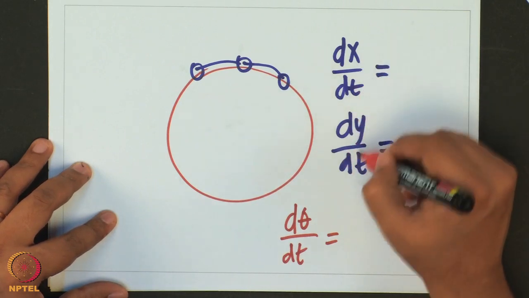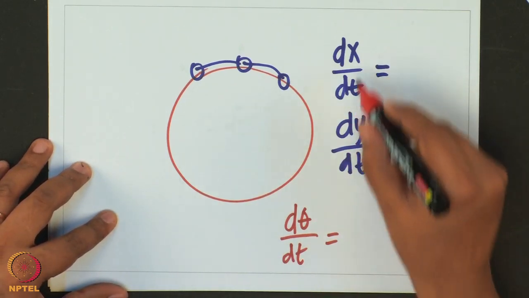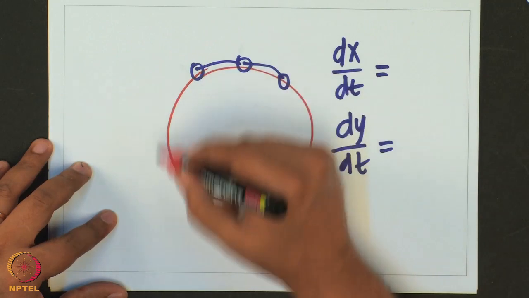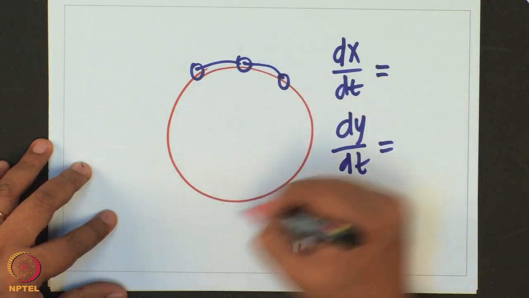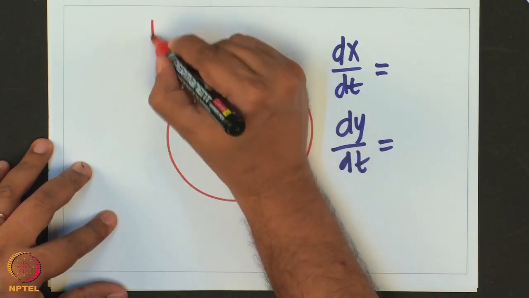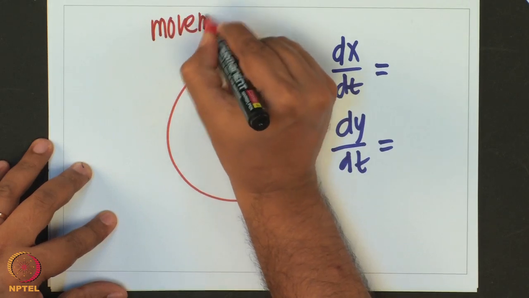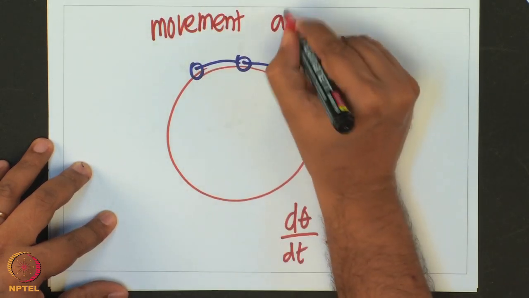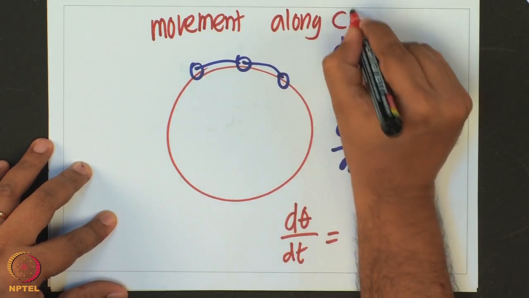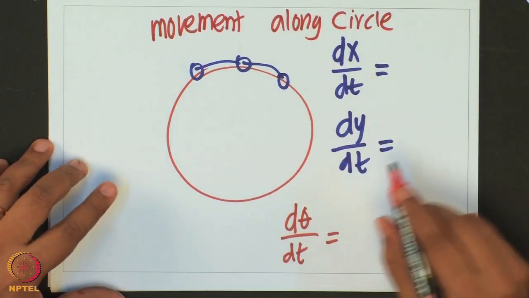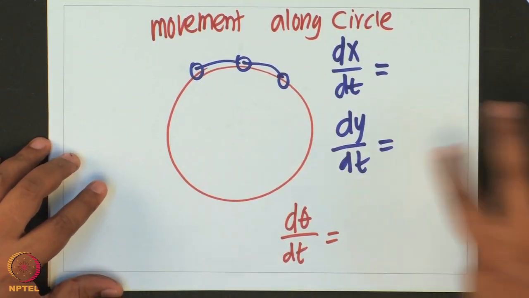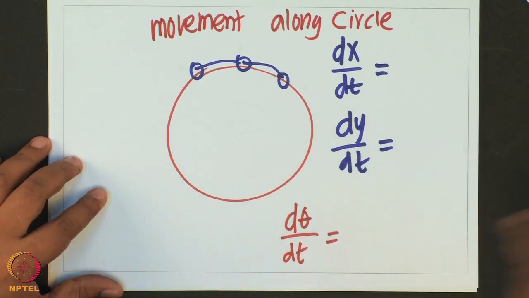While if I use xy coordinates, I need two numbers, two equations, to specify the movement along the circle. So for movement along the circle, it is much easier to use polar coordinates like theta, where r is a constant.